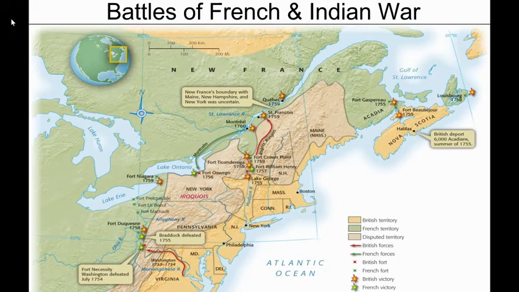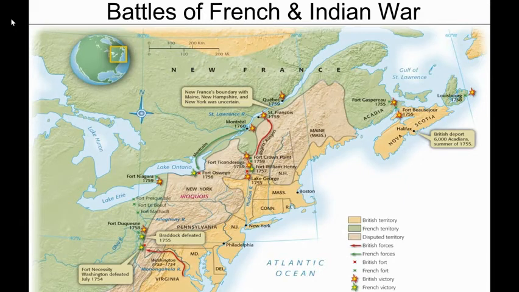Okay, here you can see the map. Like I said, if you look over to what we call Pennsylvania today, there's the early fighting in 1754, 1755. And then as William Pitt takes over in 1757, that's where the British have the greatest amount of success.